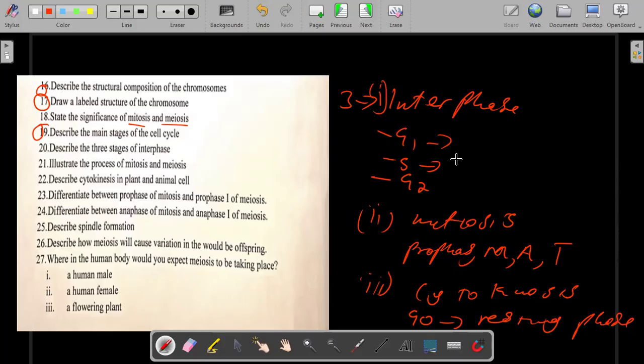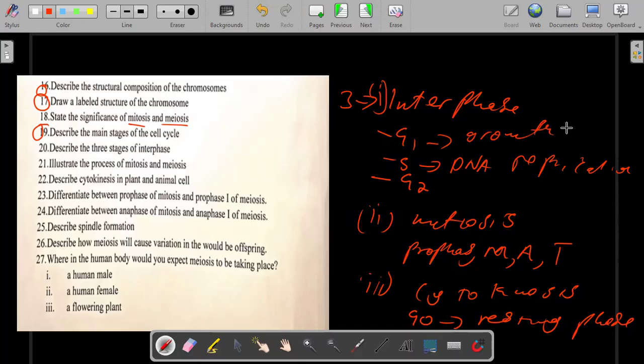Here there is DNA replication. So you have DNA replication, which is going to happen in the S phase. For the first phase, we said there is cell growth.